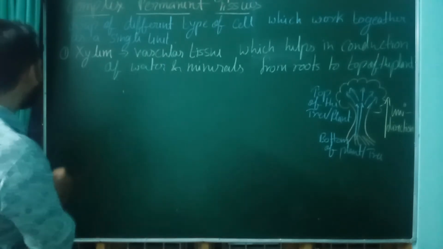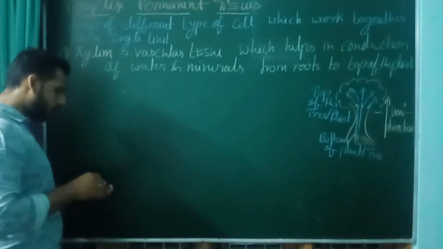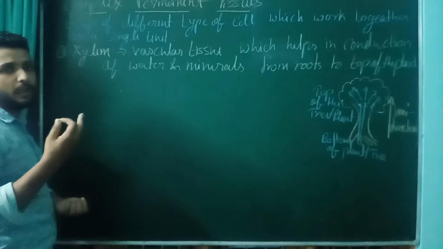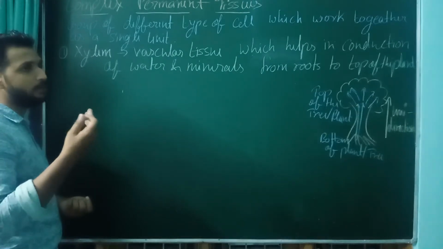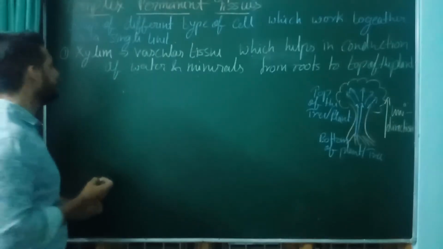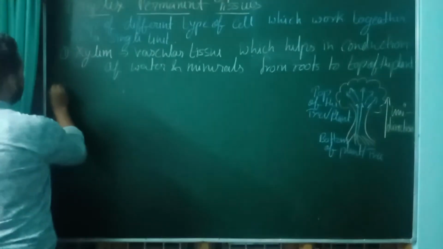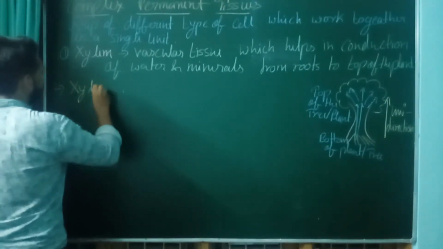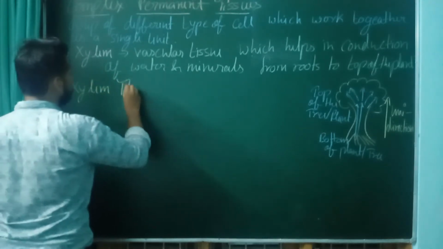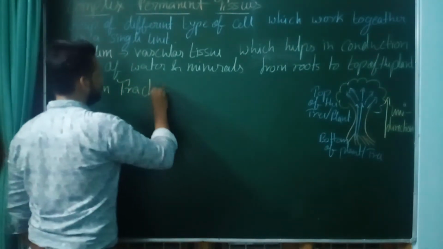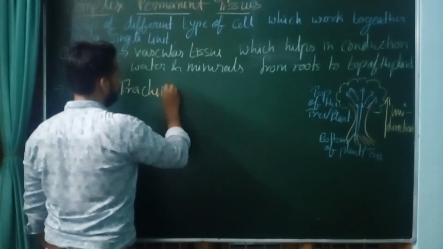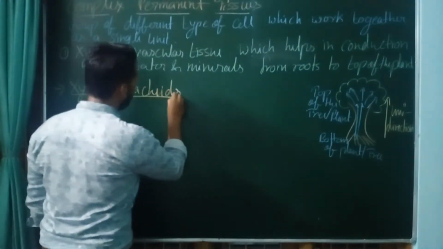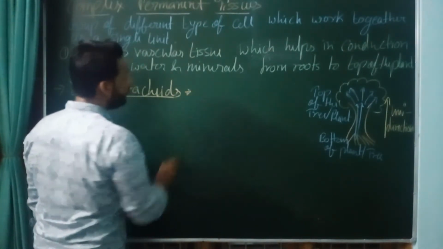Now, types of xylem cells. Xylem tissue is made up of different types of cells. First is xylem tracheids.